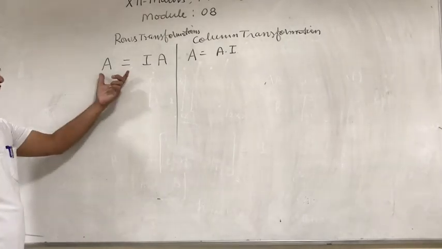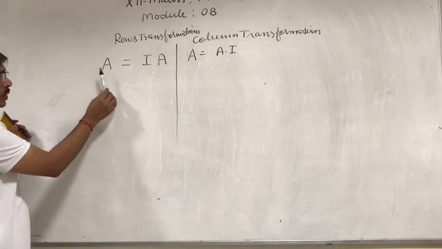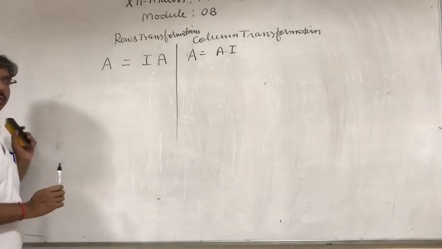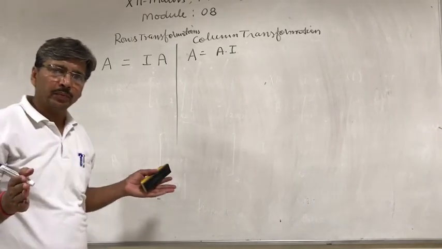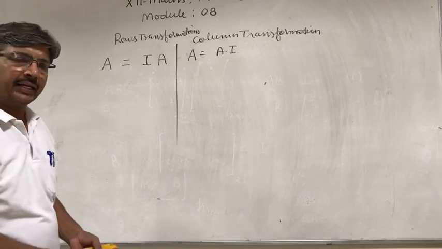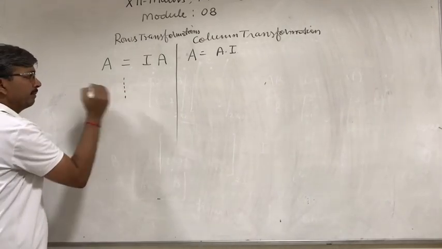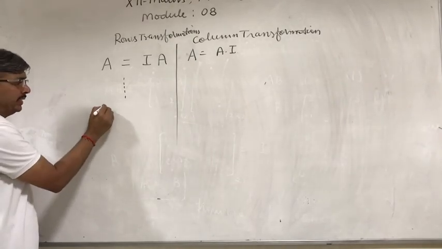Now let me discuss row transformations. We will start the question from here and we will apply a sequence of row transformations so that we can change this matrix A into I.